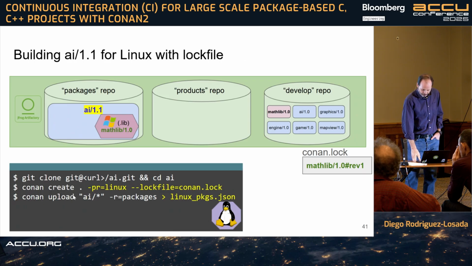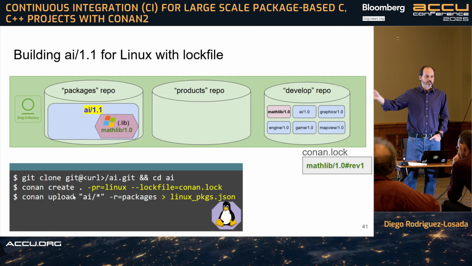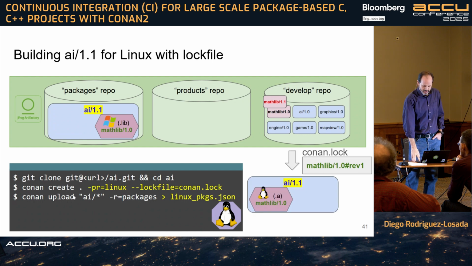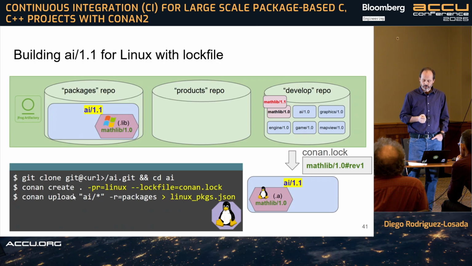So then, when the Linux agent starts, even if someone else introduces a new package in the server, just because we have the lock file there, it means that the Conan create will pull the dependencies. It will enforce using exactly MATLAB 1.0, exactly the same version and revision that the other job was using, right?